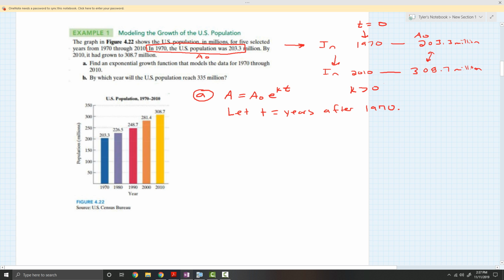So in doing so, that would satisfy the condition we're looking for. If this is my initial value, I want t to be 0 at the year 1970, so that makes that happen. That means A sub naught is going to be 203.3 million.